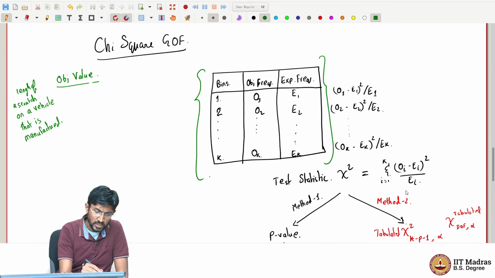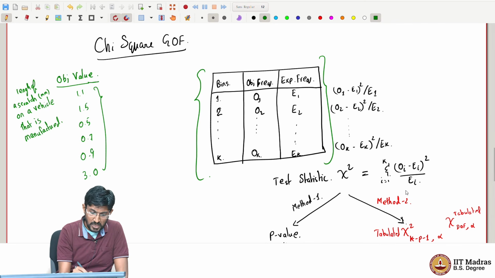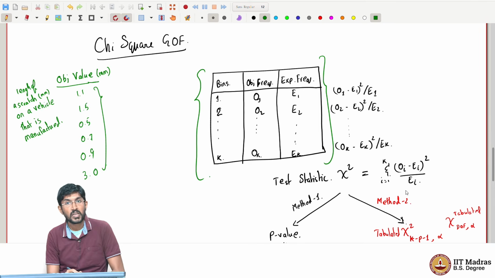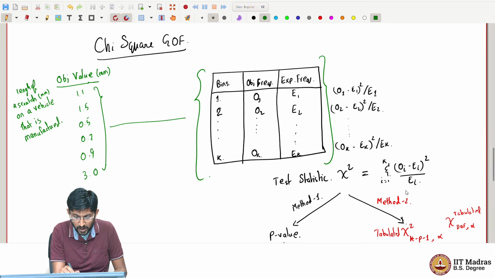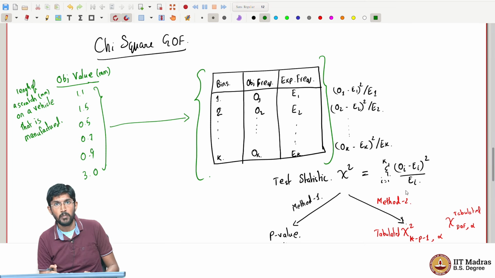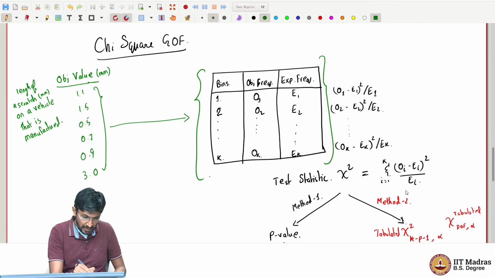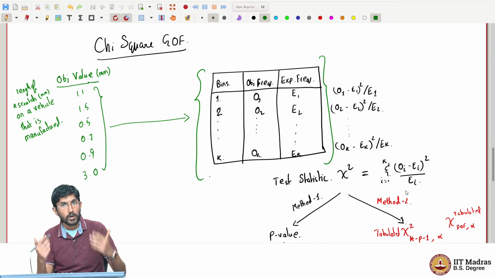So the length of the scratch is going to be, let's say, in mm. So what do you have? You have observed values like 1.1, 1.5, 0.5, 0.7, 0.9, 3.0, whatever, right? So these are the values that you actually get, and you must then convert them to a frequency table and then say whether these are following a uniform distribution or not.